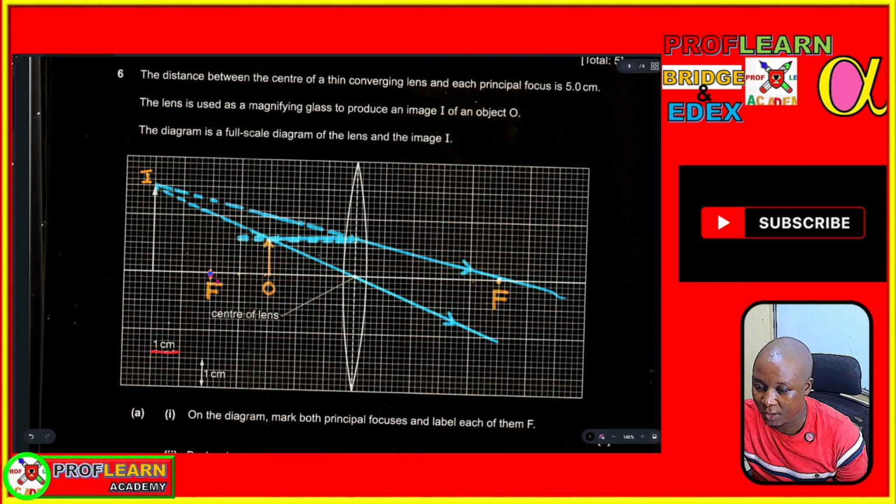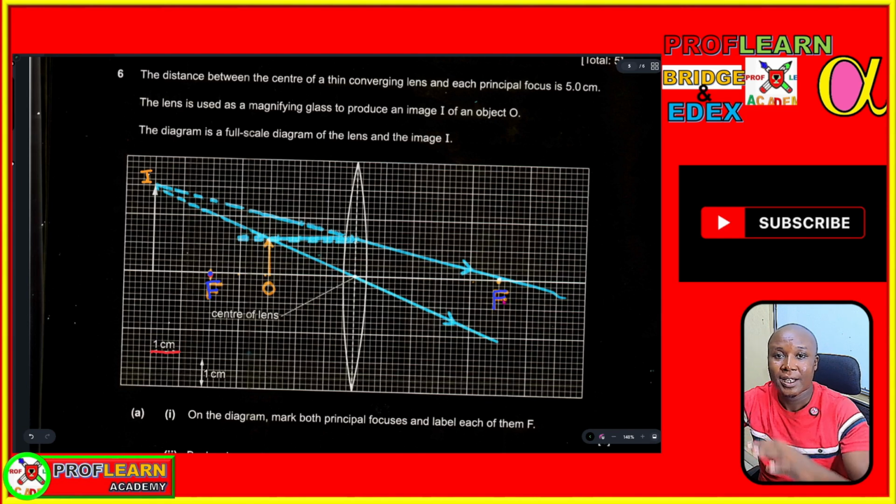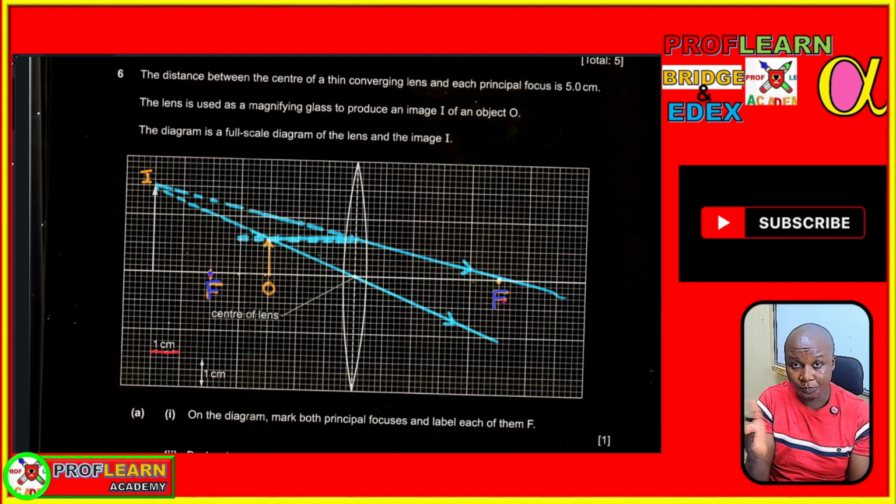You can count 1, 2, 3, 4, 5 boxes and that will give you the principal focus. So you locate the first principal focus and also the second principal focus, because a lens has got 2 principal focus.